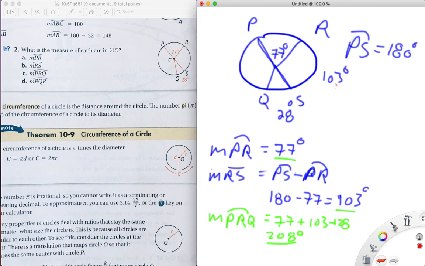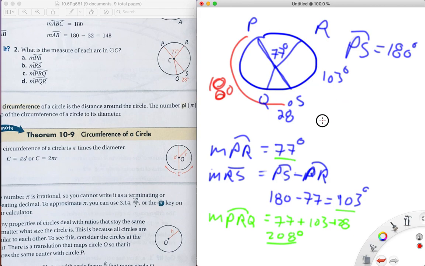And then PQR, again, if you want to think of this as semicircle PS, this whole thing is 180, right? So P to S is 180, so then 180 plus the R, which is 103.